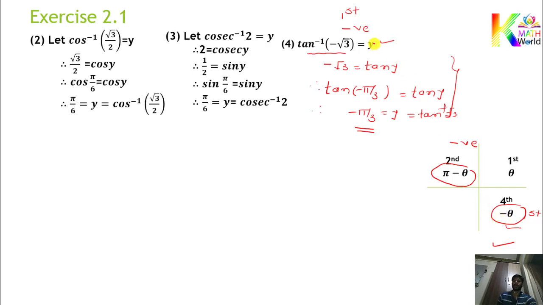As the tan inverse function is there, I need the value of root 3 in terms of tan only. So tan 60 with the help of the minus sign, and tan 60 means pi by 3, so you get minus pi by 3. That is your direct answer.